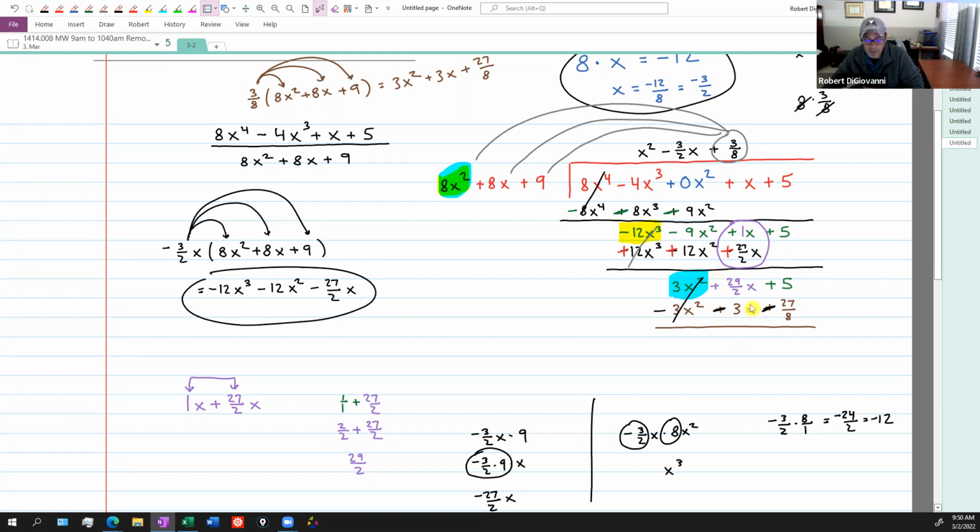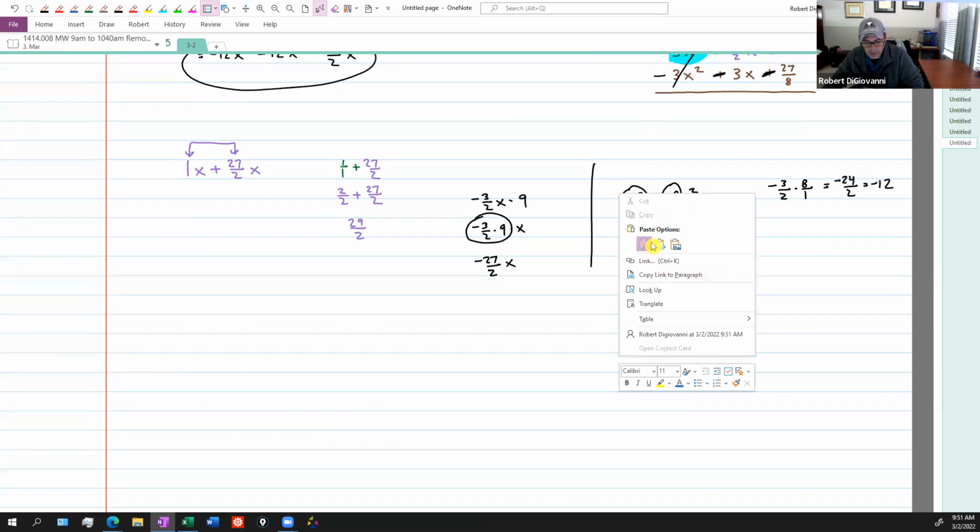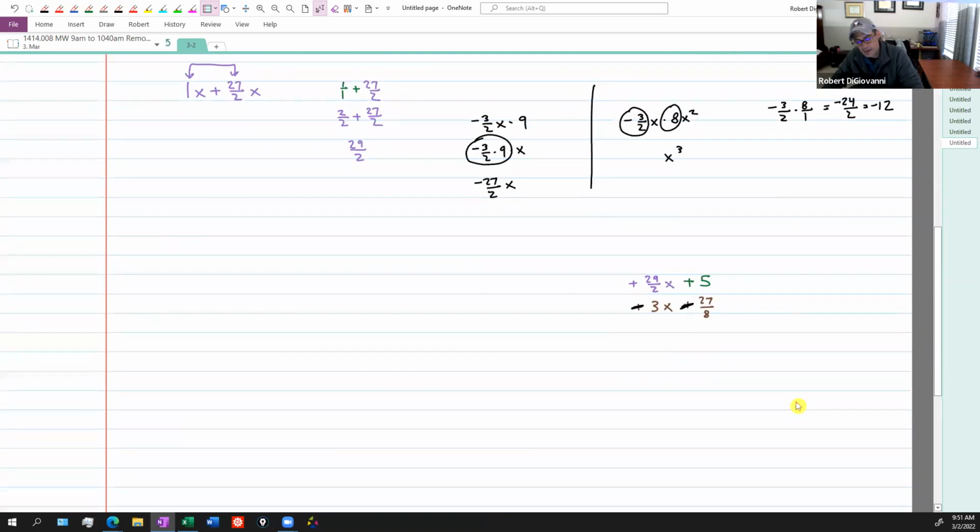All right. So let me copy this real quick. Oh, that was perfect. Let me copy this and just do it down here real quick. I need to do these added up right here. So let's do those. I need to take 29 over 2x and subtract 3x. So really I need to look at the two numbers, 29 over 2, and I need to subtract 3 over 1.